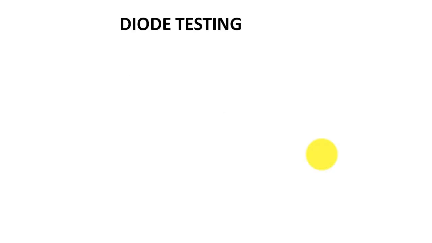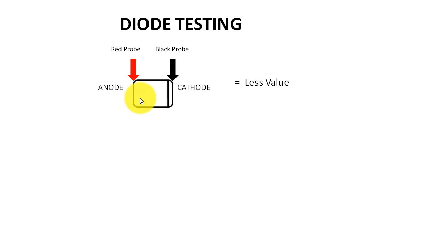Now we will see how to test a diode. Just suppose this is a diode and this is the cathode. At the cathode point there will be a light spot, a white spot, and at the anode there will be no spot, left normal.